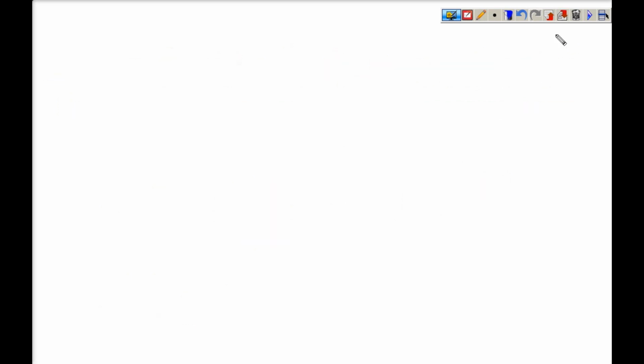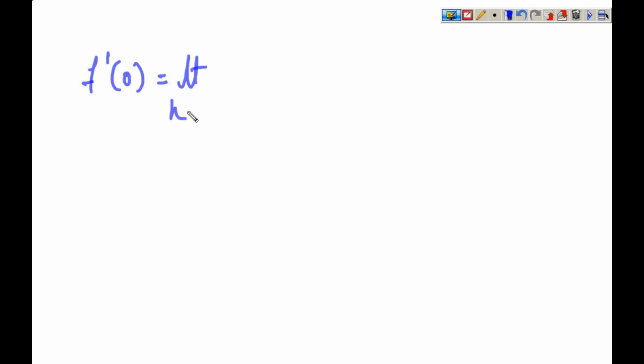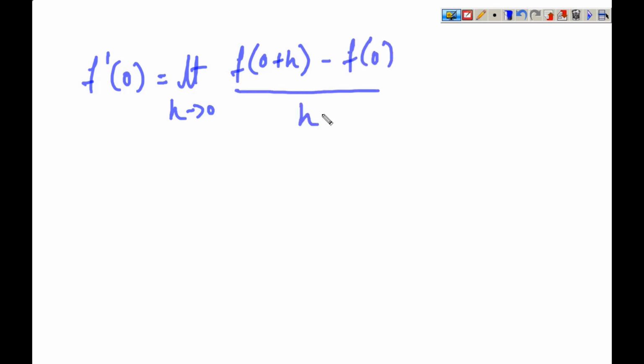So now we need to find the derivative at 0. So f dash 0 will be equal to limit h approaches 0, then simply substituting in terms of x, we have f of 0 plus h minus f of 0, divided by h. So we simply write the function here.